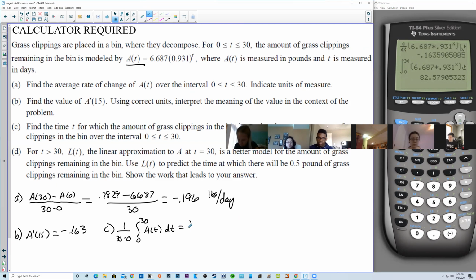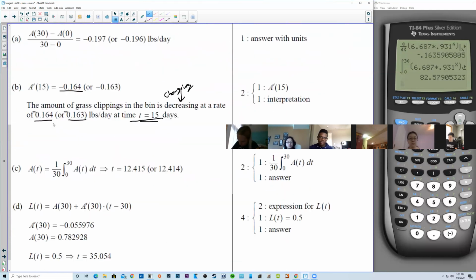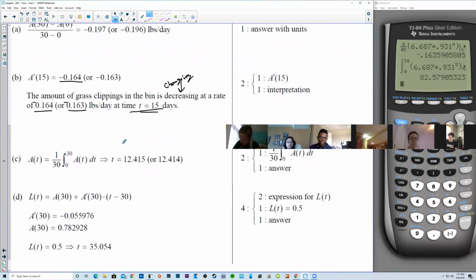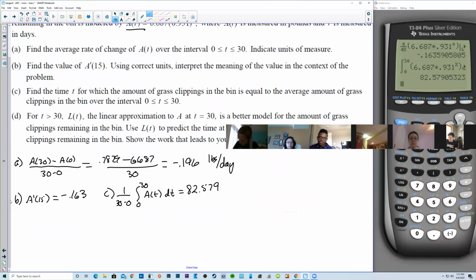So 82.579 is the amount of grass. What would the label be on that? They don't even have a label. I think it's just grass clippings, pounds, I suppose.